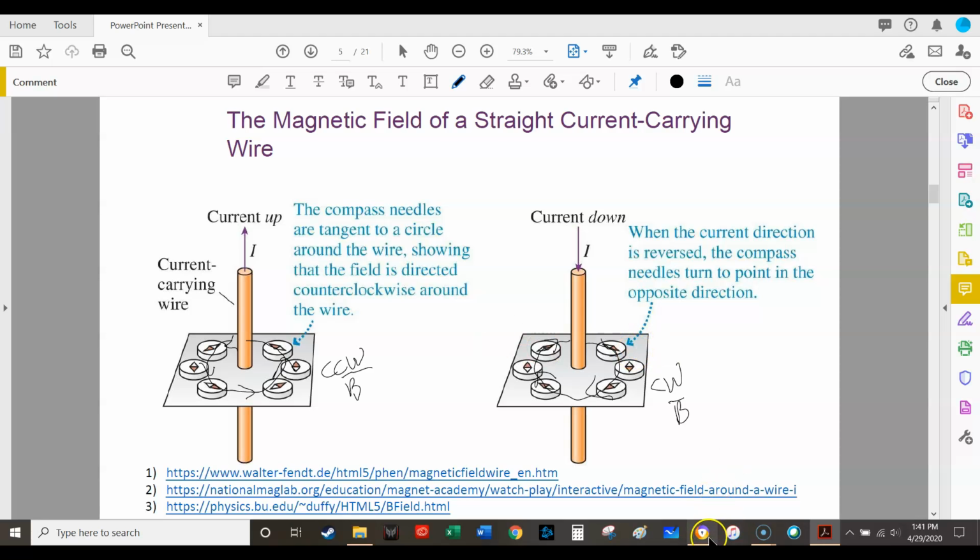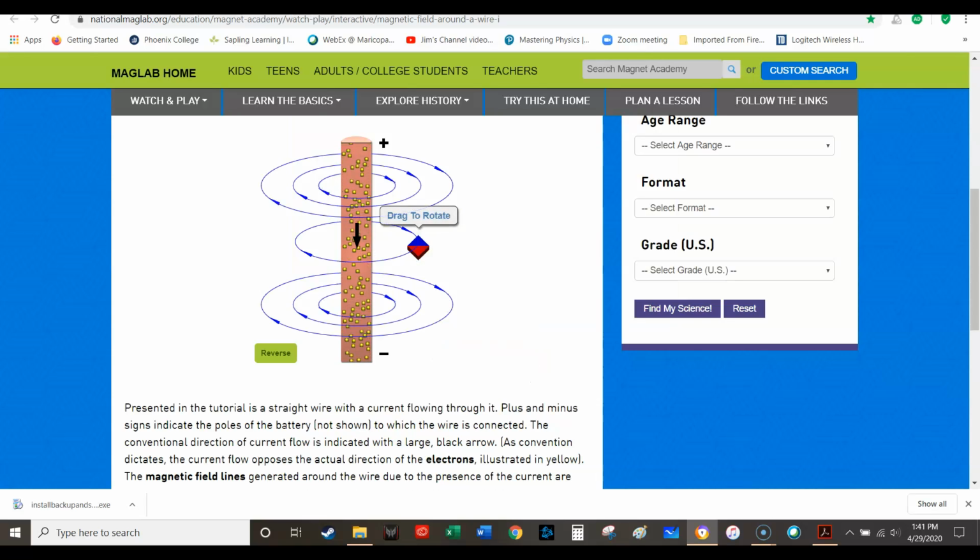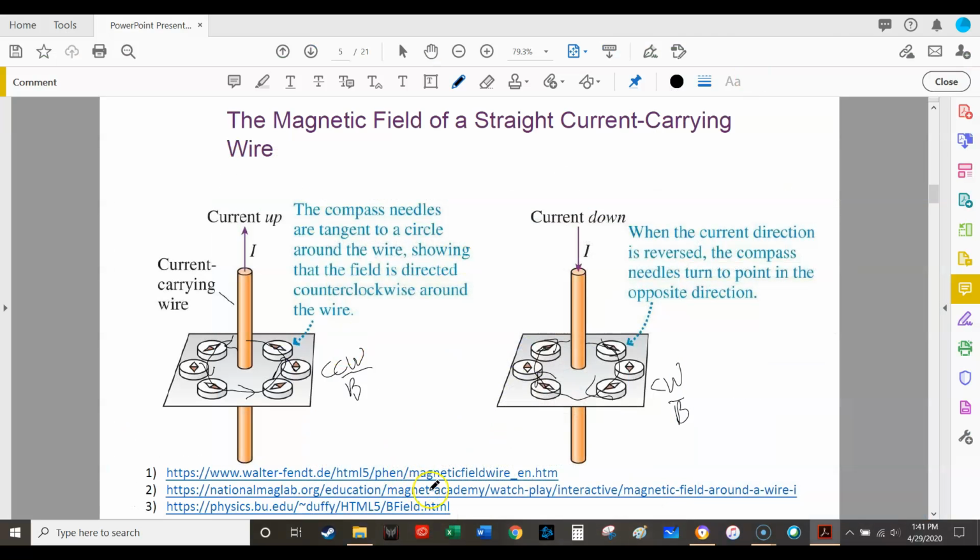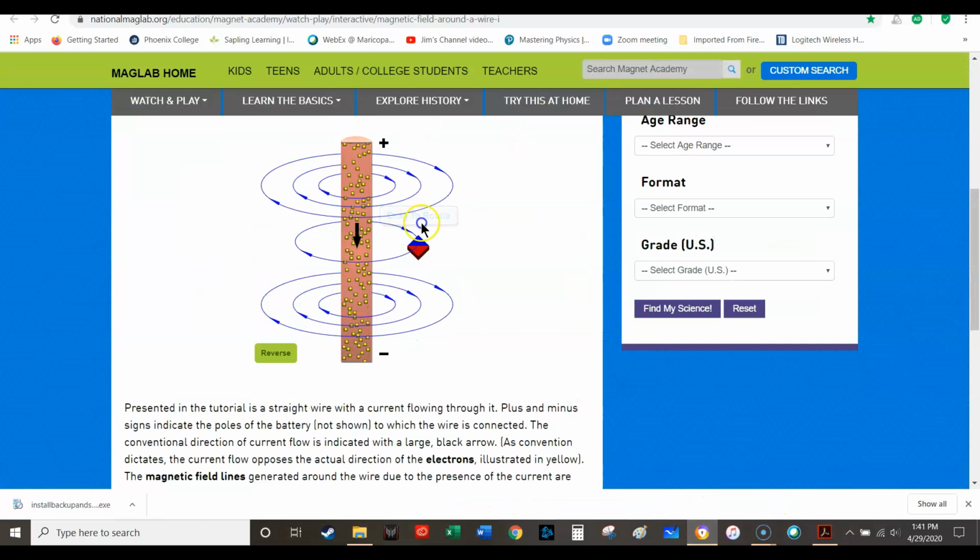Well, let me try to illustrate this a little bit better. Okay, so I actually clicked on this Magnet Academy link, and that brought me to here. Okay, so here is a wire. It's a current carrying wire. Notice the electrons are moving up.